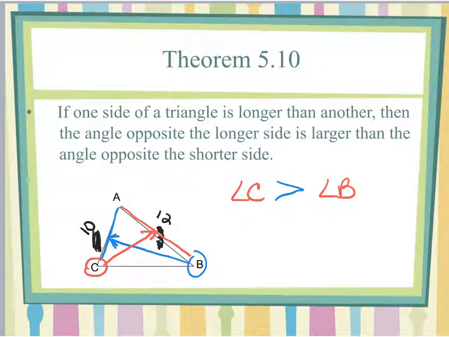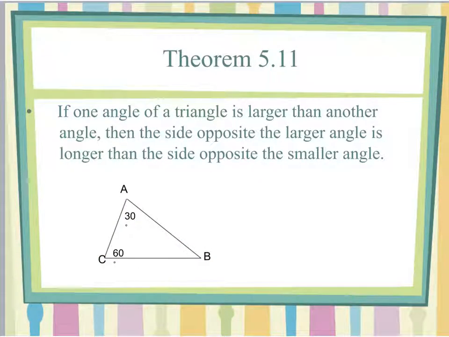So you can say angle C is greater than B, or you could write angle B is less than C. More than likely, on a test question, part of it would be filled in, like you'd have a blank here, and you would fill in the correct inequality symbol. And that's what we're going to do later on in the examples.